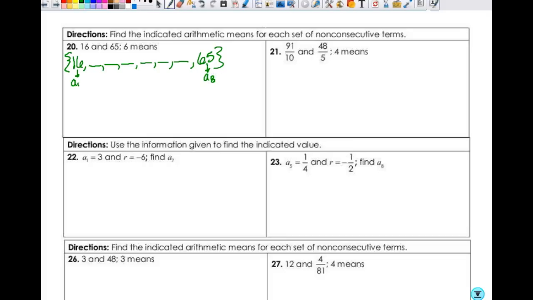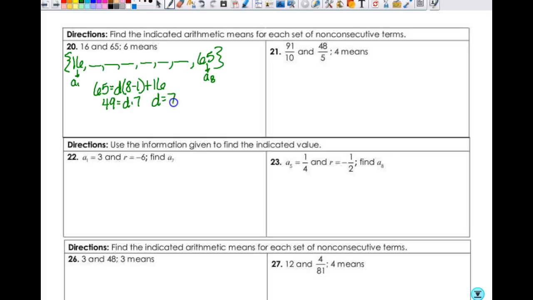Okay. So what I need to do, since it's arithmetic mean, is find the common difference so I can fill in the blanks there. So A8, which is 65, is equal to the common difference, which we don't know, times N, which is 8 minus 1, plus A1, which is 16. Subtract 16 from both sides, and I get 49 equals D times 7.